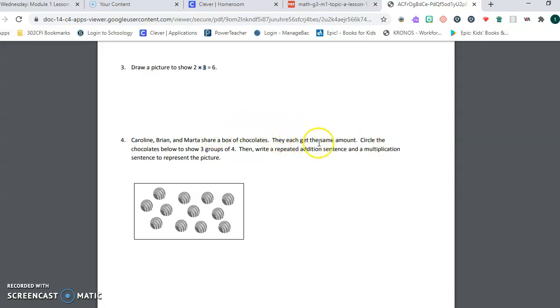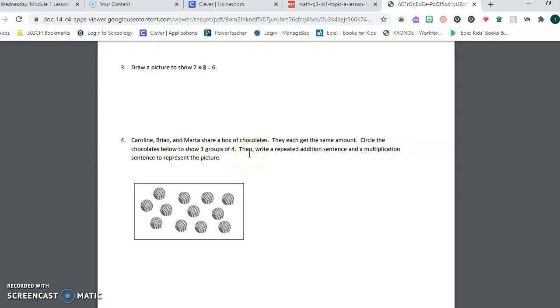So 3 groups, and I'm going to distribute out the chocolates to each of the 3 people and make sure they all get the same amount. Circle the chocolates below to show 3 groups of 4. Okay, so they tell me that I need 3 circles, which would represent the groups, and inside each of the circles, I need 4 chocolates.